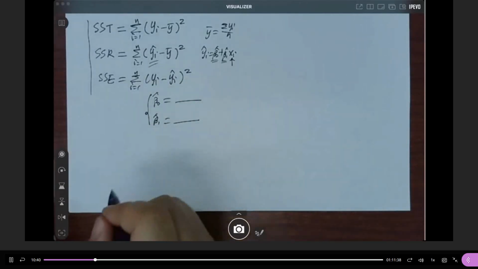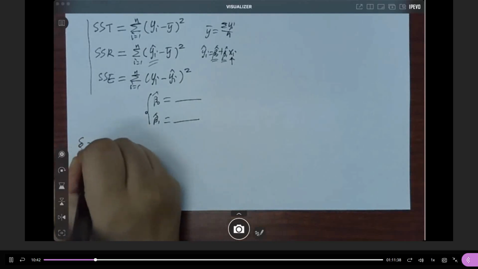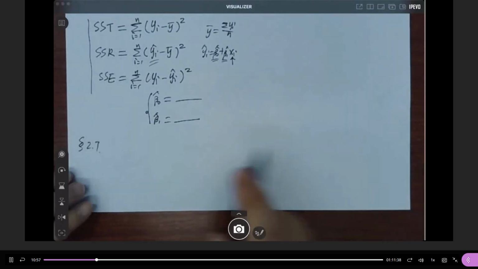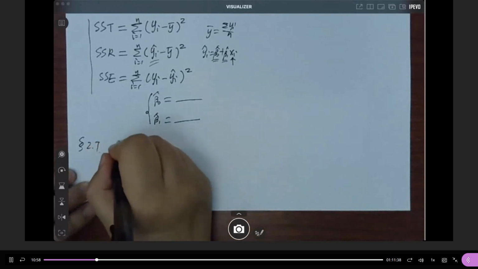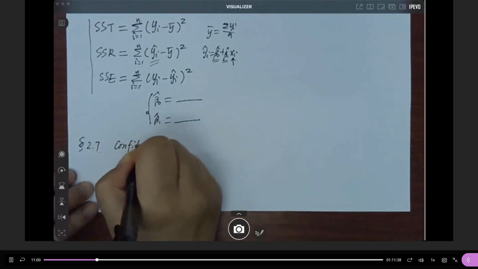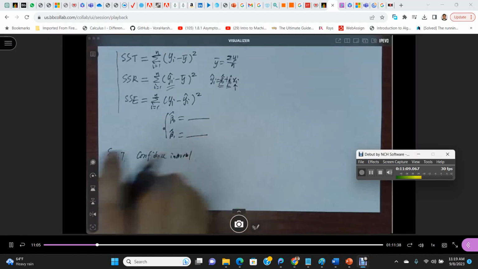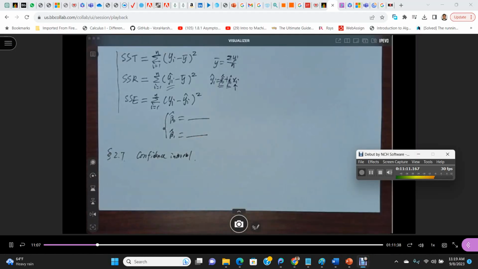So today we are going to move on to the next section. This is section 2.7, confidence intervals. Last time in section 2.6, we talked about testing, how to test a hypothesis. So in confidence intervals, we are interested in finding the range that contains the true parameter.